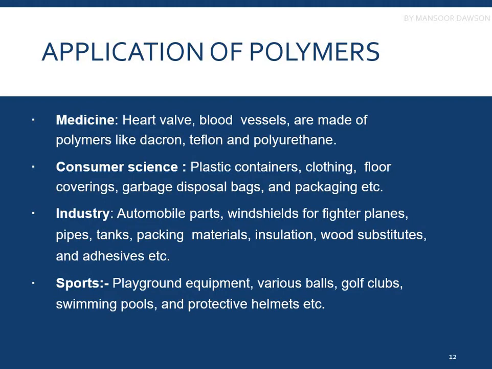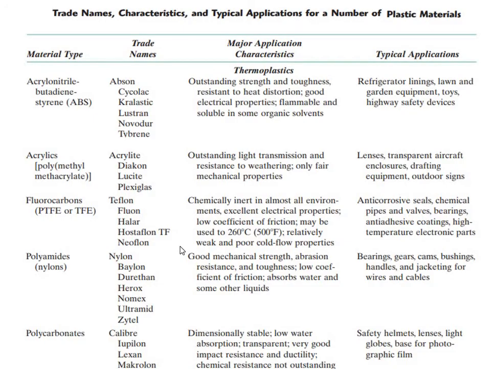In packaging as well. In industry, these polymers are used in automobile parts and windshields, fighter planes, pipes, tanks, packaging materials, insulation, wood substitutes, adhesives, etc. In sports, these polymers are used in playground equipment, balls, golf clubs, swimming pools, and protective helmets, etc. So these are some of the polymer materials.